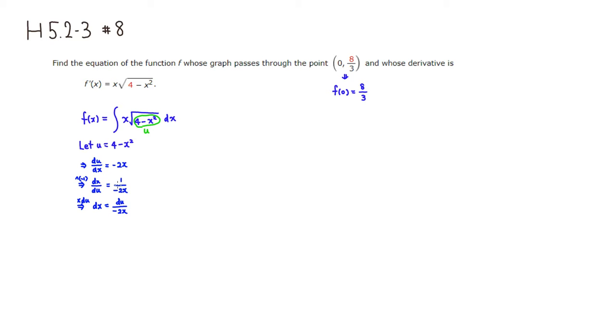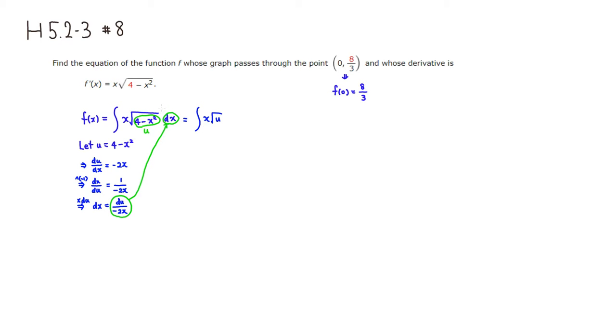So we can rewrite this integral, and I'm going to leave x as it is for now. Then you have a square root of u, and dx we just found to be du over negative 2x, so I'm going to plug this in here.